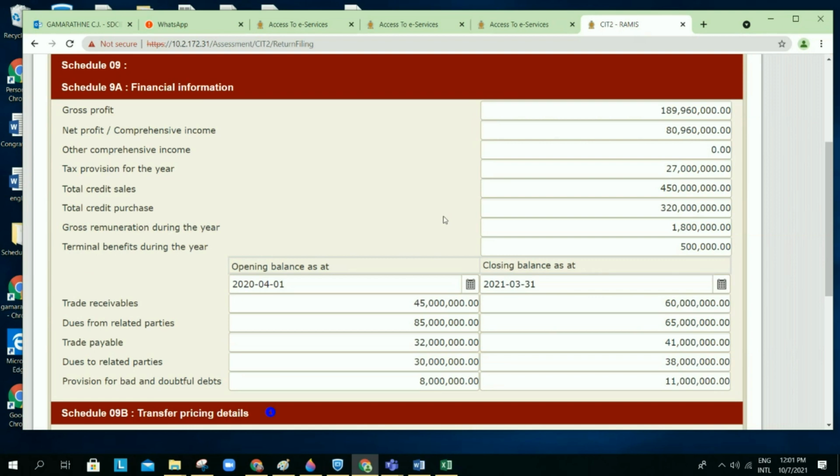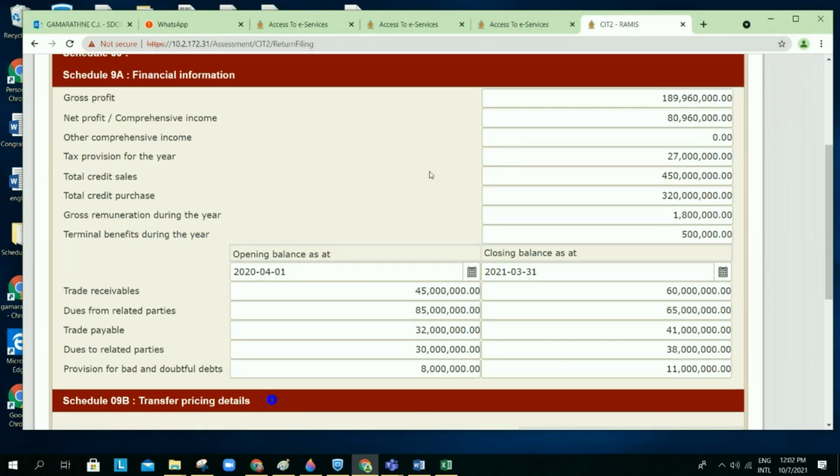After this implementation, we will evaluate whether we collect the financial statement with the return, or just get the information through schedule 9. And if required, we call for this financial information from the taxpayers. For that purpose, we are taking this information for future periods with directions or development. We will move up to that extent.